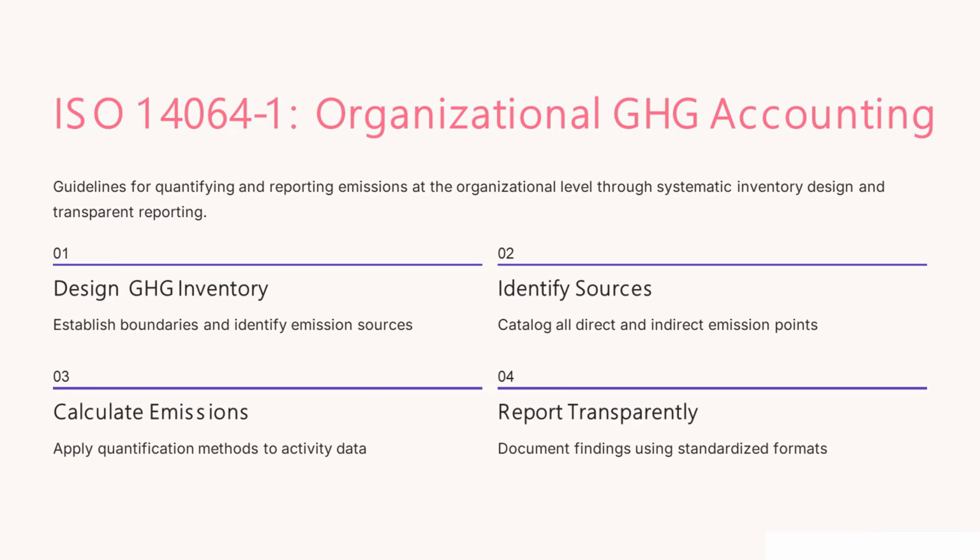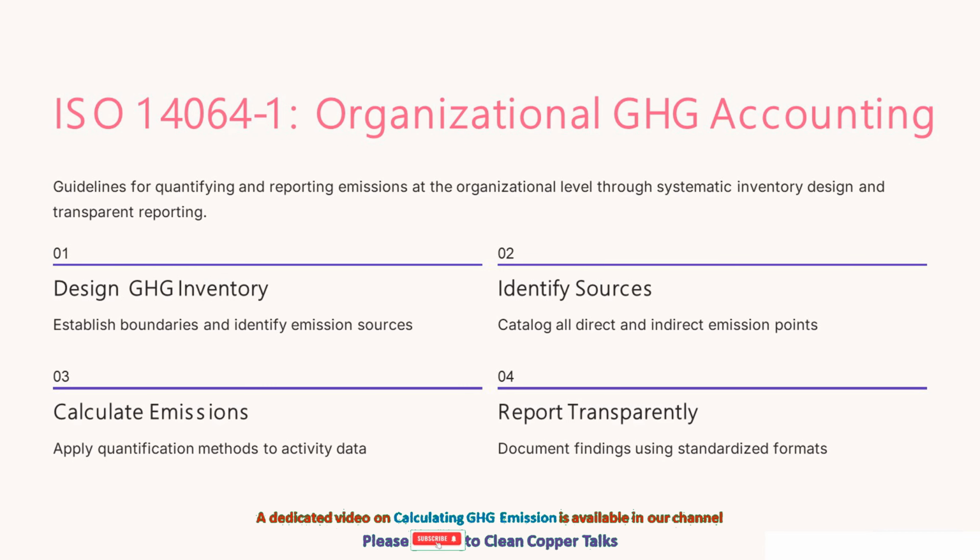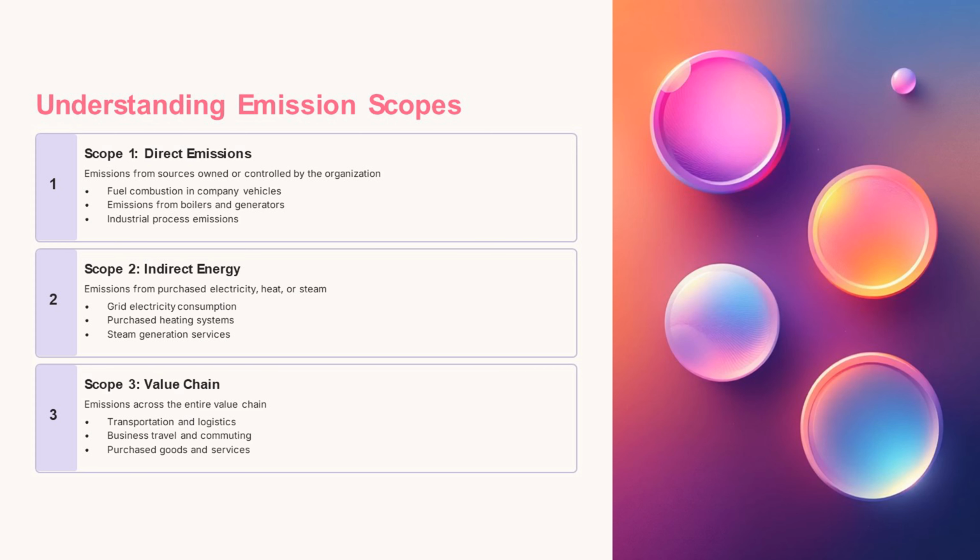The standard provides guidelines for designing a greenhouse gas inventory, identifying emission sources, calculating emissions, and reporting emissions transparently. A key concept in ISO 14064-1 is the classification of emissions into scopes. These scopes were originally introduced in the GHG Protocol, and ISO 14064 follows a similar approach.